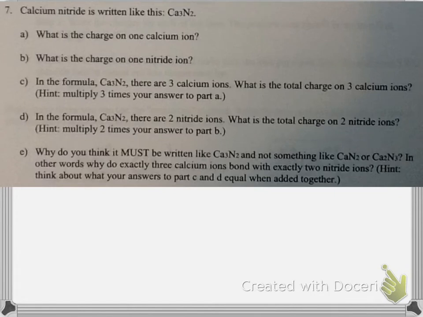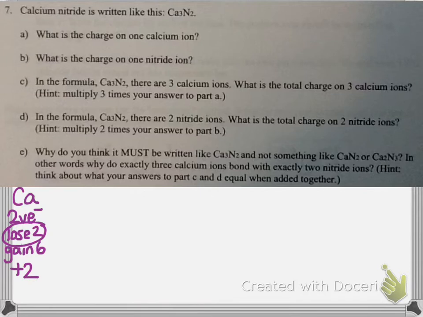Number 7, calcium nitride is written like this, Ca3N2. What is the charge on one calcium ion? Calcium is in group 2A, so it has 2 valence electrons. So it can lose those 2, or it could gain 6. It's going to lose 2, so it's going to have a charge of +2.